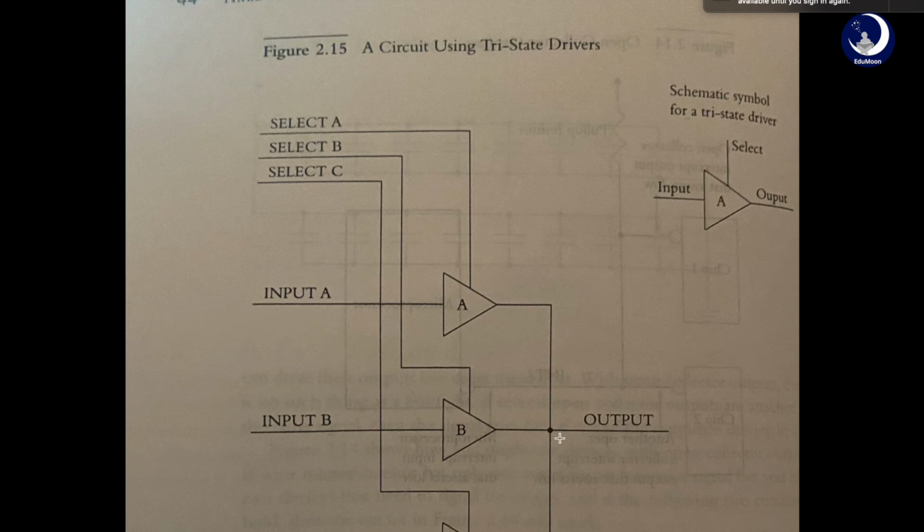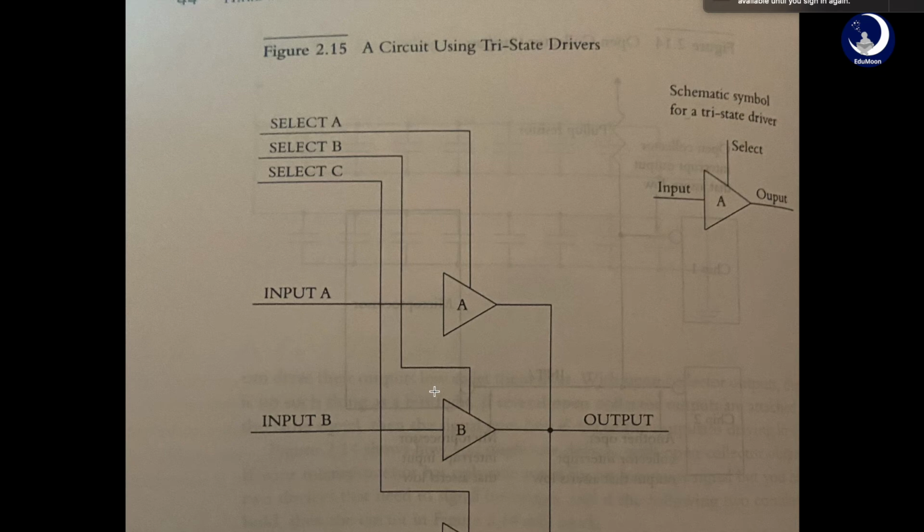So say you have select A, select B and select C. If I select A, and B and C are not selected, the tri-state driver A can drive the output signal high or low based on the input, whereas the tri-state drivers B and C do not drive anything.